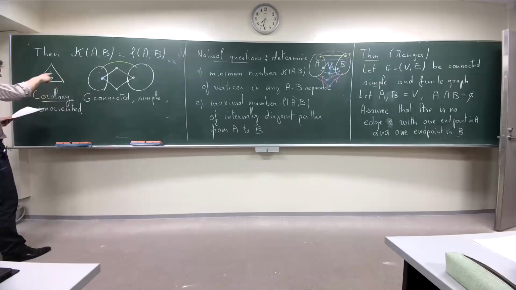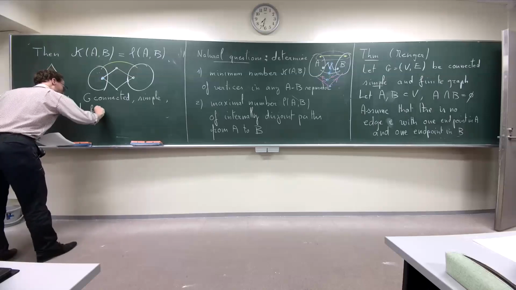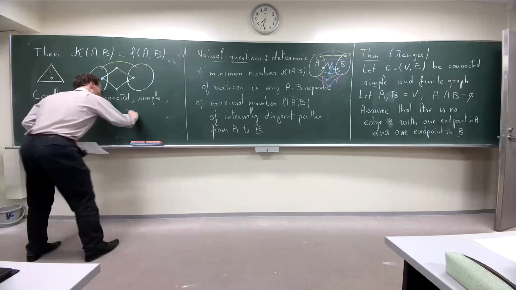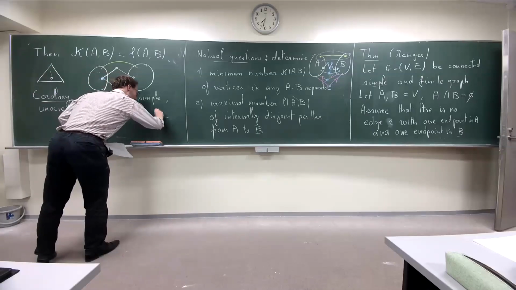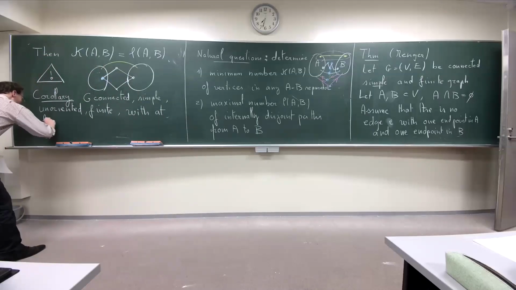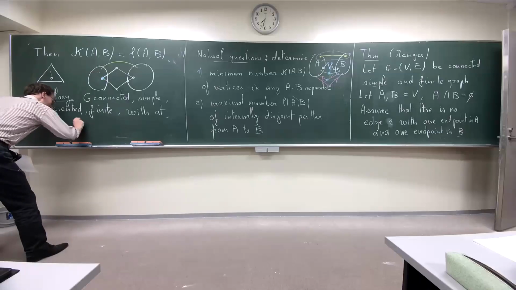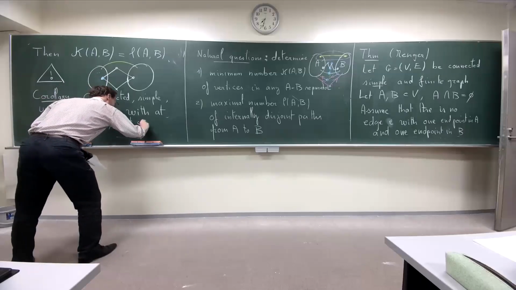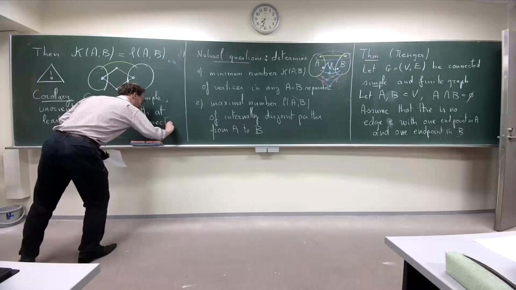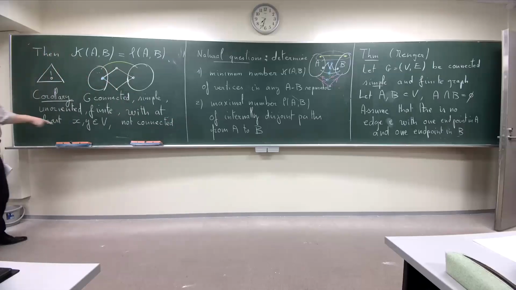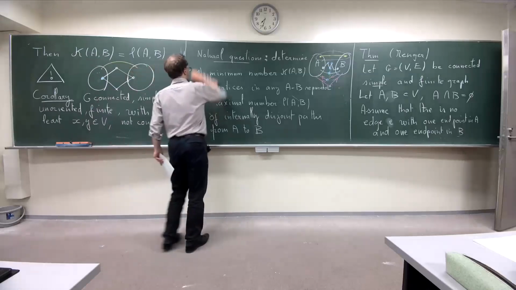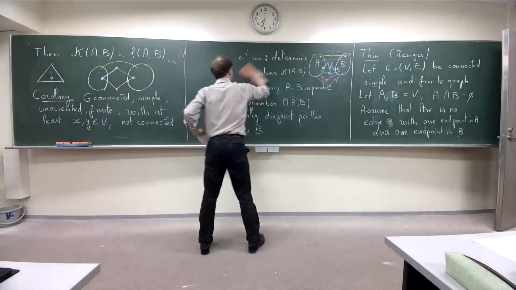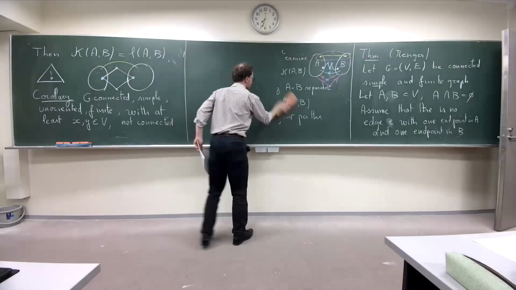G connected, simple, unoriented, finite, with at least X, Y in V, not connected. So it means I assume that there are at least 2 vertices which are at a distance of more than 1. Otherwise, my statement is not correct.